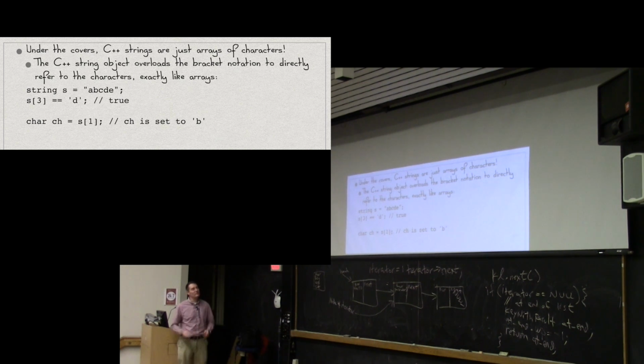It overloads the bracket notation so that you can say s[3], and that means, in this case, 0, 1, 2, 3, s[3] is d. If you say char ch gets s[1], well, s[1] is the char b, so then ch gets set to b. Very nice.